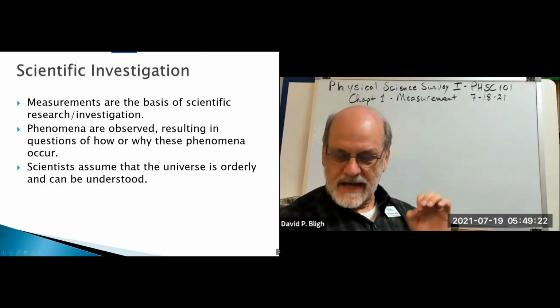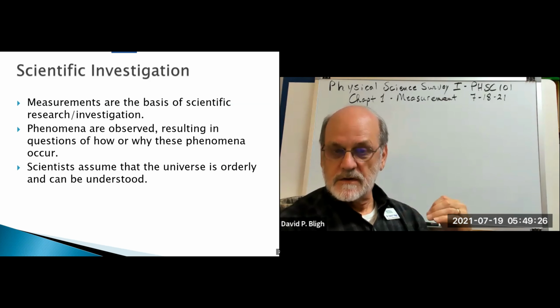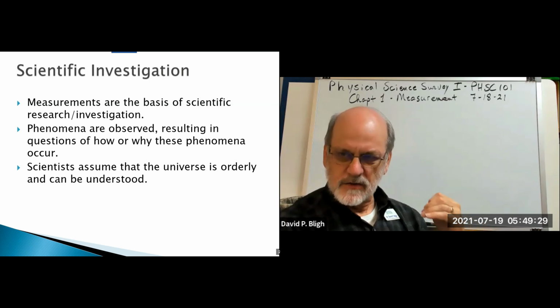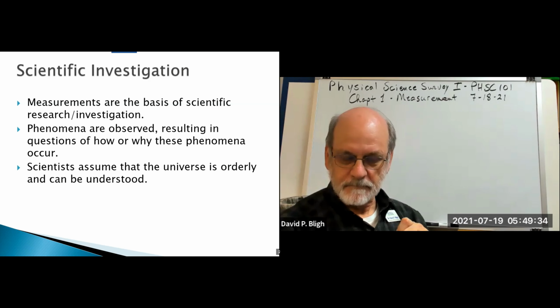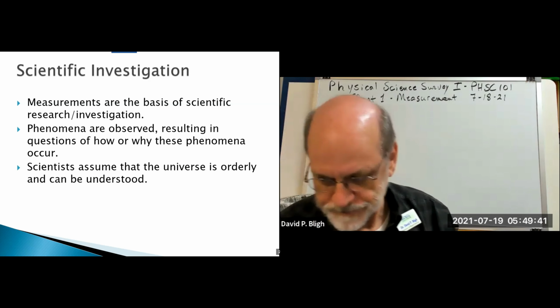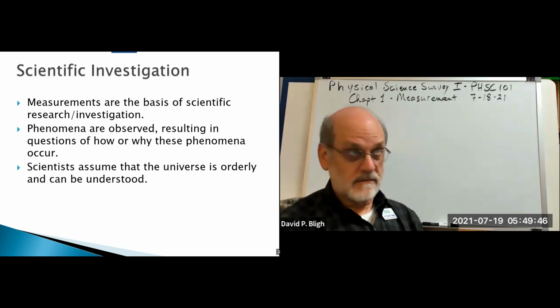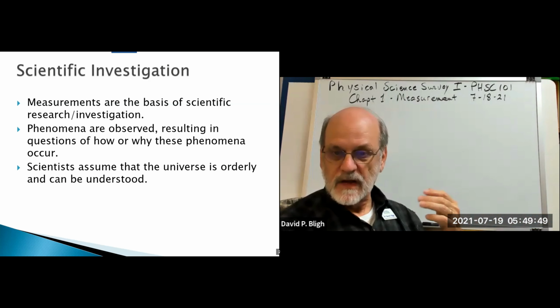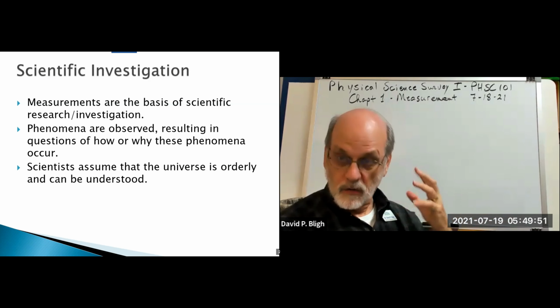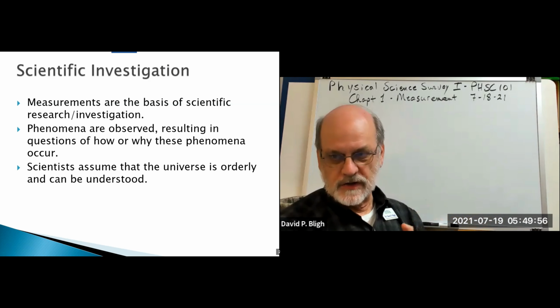We want to know why that is. So we need a method for making measurements and observations to try to answer that question. And in order to do that, there is one major assumption that has to be made. We have to assume that the universe, that is, everything we see, everything we hear, taste, our world, is orderly and can be understood.